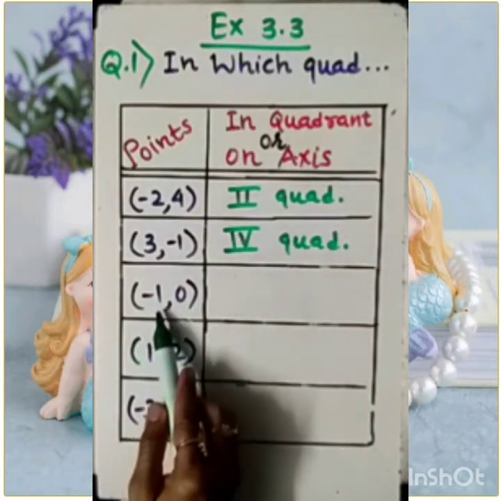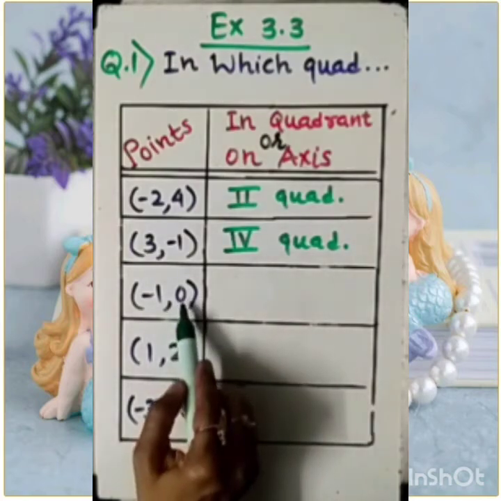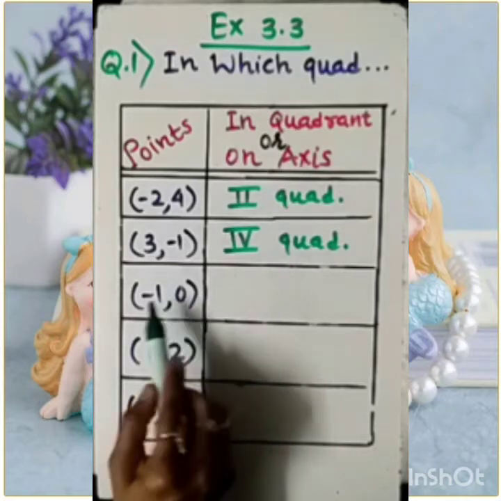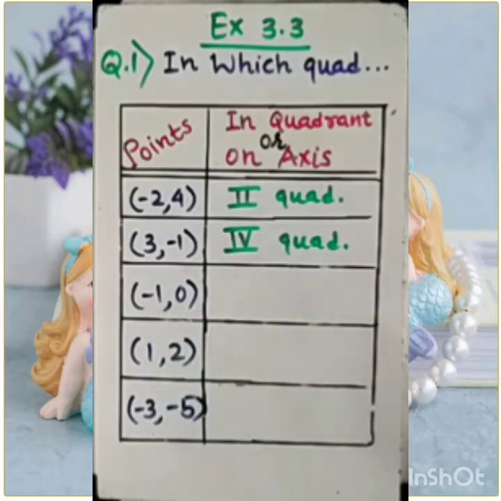Next, (-1, 0). Dear student, here 0 is connected with a coordinate. When 0 is connected with any of the coordinates, the point must lie on an axis. Now, on which axis? How to decide?